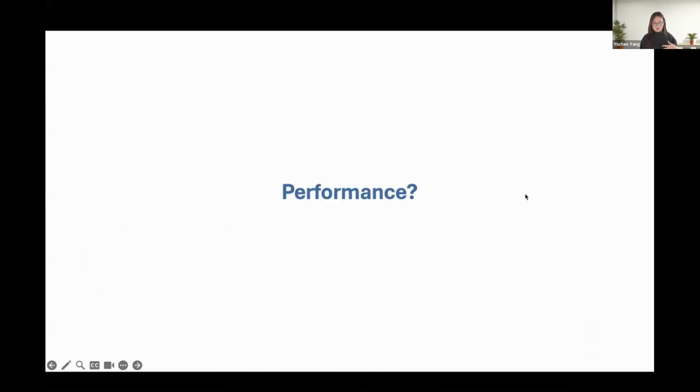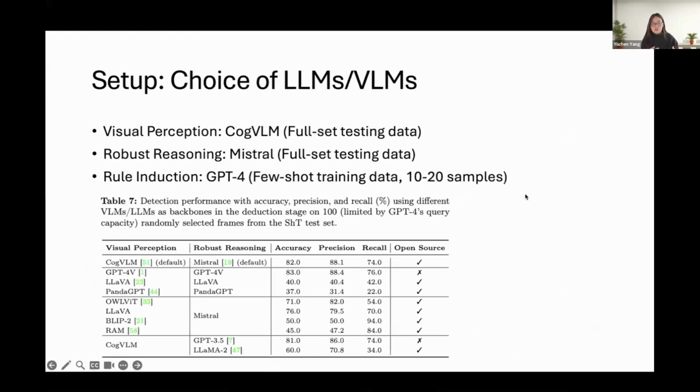So what is the performance of this system? Here is the choice of our language models and vision language models. For the visual perception, we use an open source VLM because we need to test on the full datasets, which is a large scale test, and using GPT-4 would cost too much for the experiments. For the robust reasoning in the deduction stage, we also use an open source Mixtral language model.